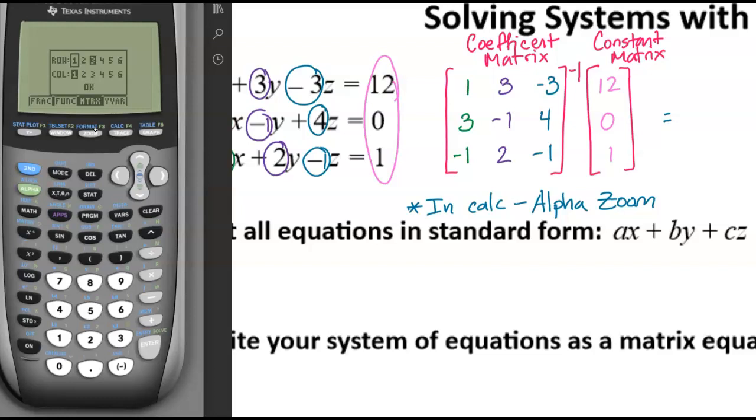So in our first matrix, how many rows did we have? 3. And how many columns did we have? Also 3. This is called a 3 by 3 matrix, where the number of rows is listed before the number of columns.